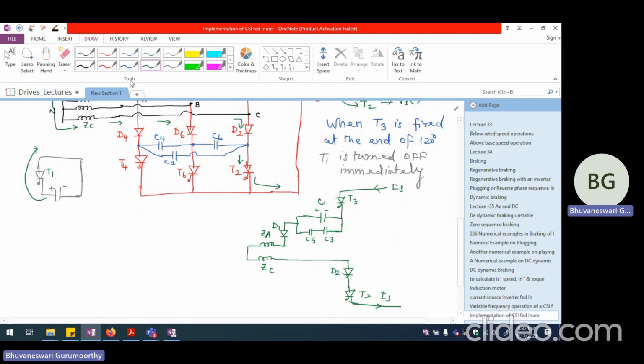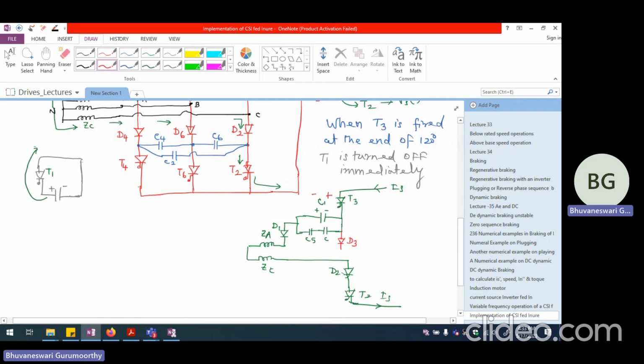Now, because IS is flowing this way, slowly this plate is going to turn positive and this plate is going to turn negative. And we have definitely a D3 connected here, not at this point. D3 is going to be connected at this point.